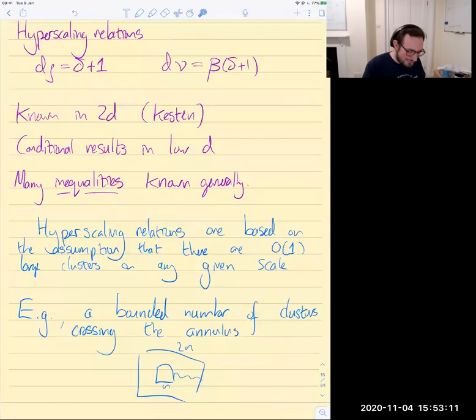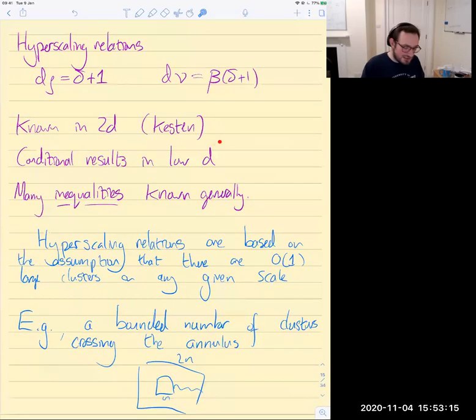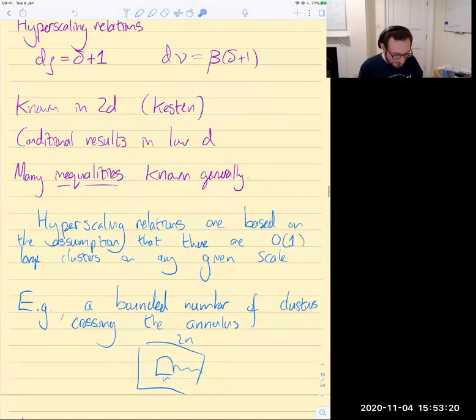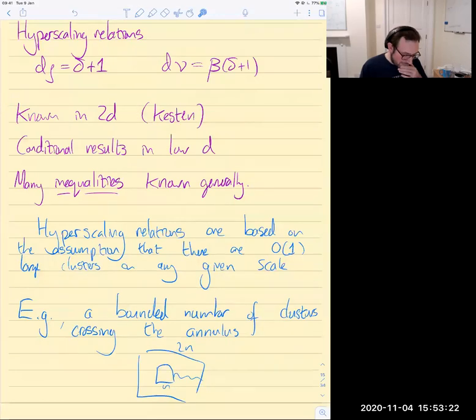Anyway, this is fairly recent stuff, relatively, and the two-dimensional case is completely proven by Kasten, and it's much older, from the 80s. But in general, we don't know that these things hold, so actually proving hyperscaling relations in low dimensions is open.